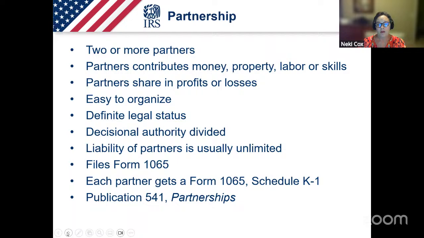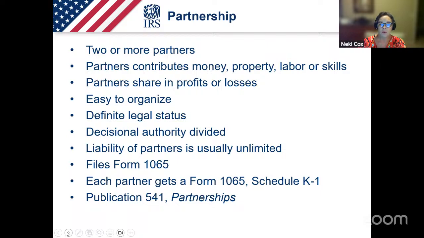Partnerships report profit or losses on, again, Form 1065, which is called U.S. Return of Partnership Income, which summarizes the business activity of the partnership. A partnership does not pay tax on income from daily operations, and all the income, losses, deductions, and credits generated by a partnership pass through to the partners. Each partner gets a Form 1065 Schedule K-1, which is called Partner's Share of Income, Deductions, and Credits.